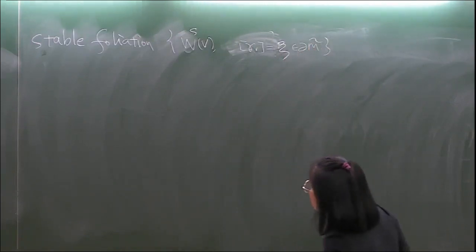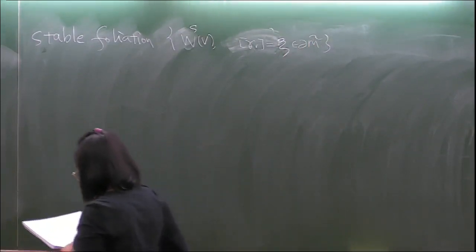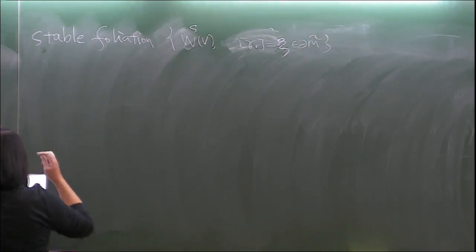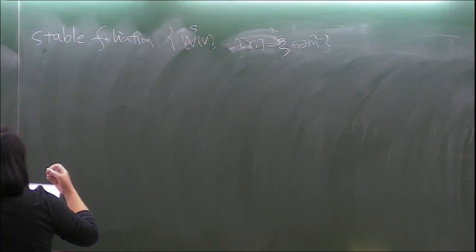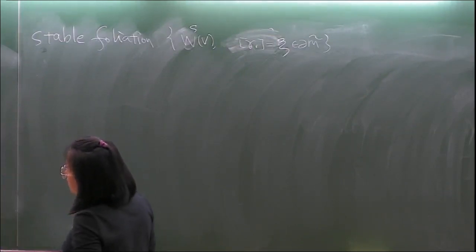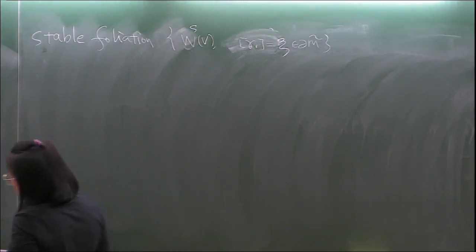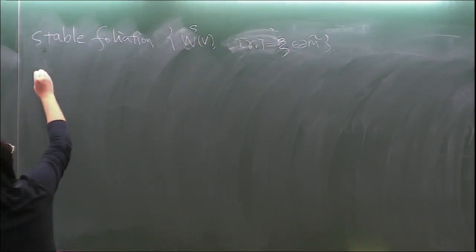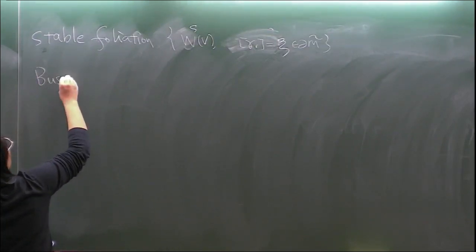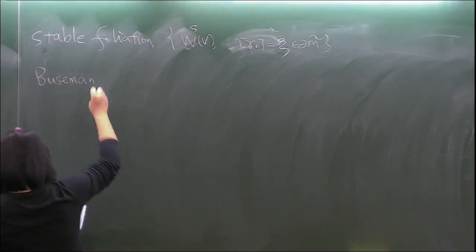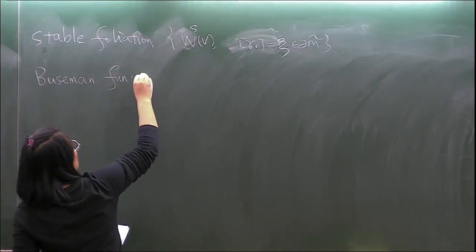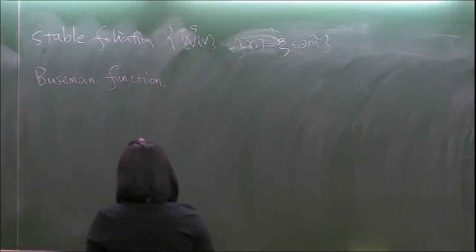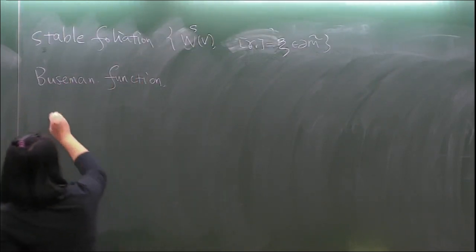As this ξ varies. Okay. So here we have another foliation called the strong stable foliation. But before we introduce this, we introduce the Busemann function. You have already seen this Busemann function, which is like this.